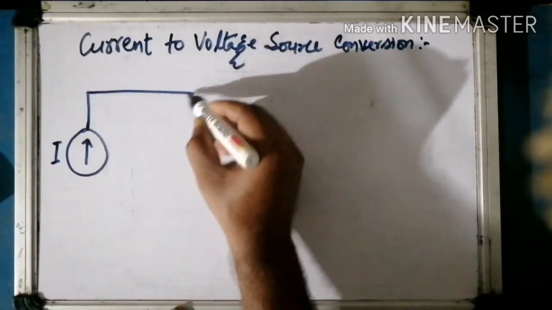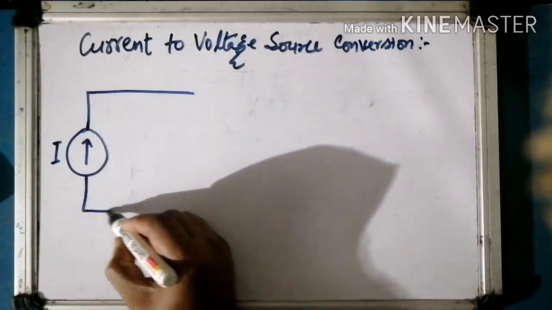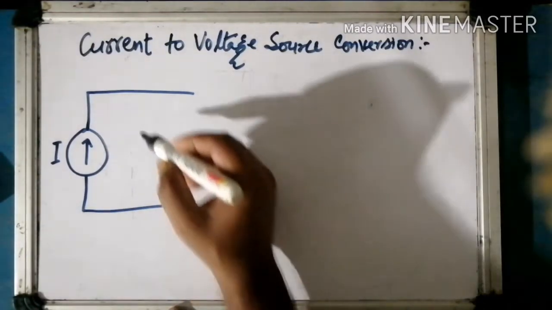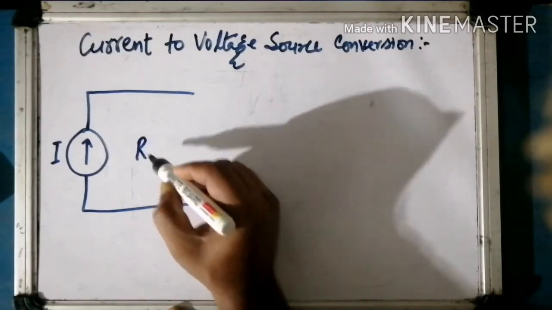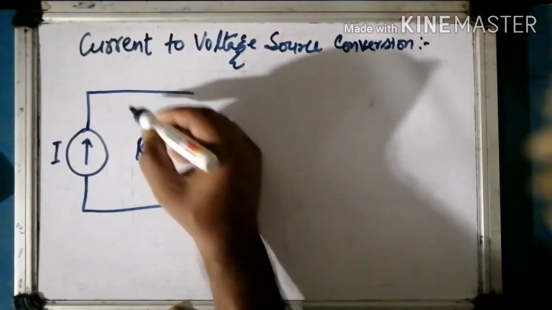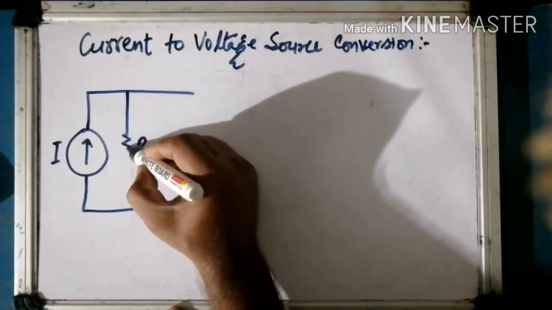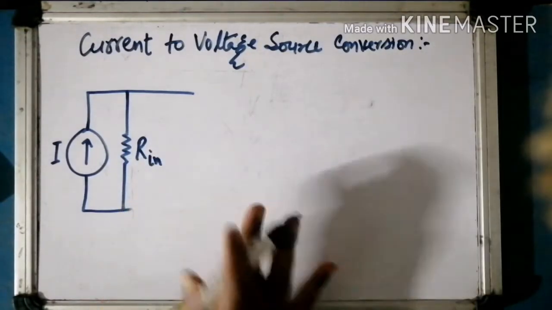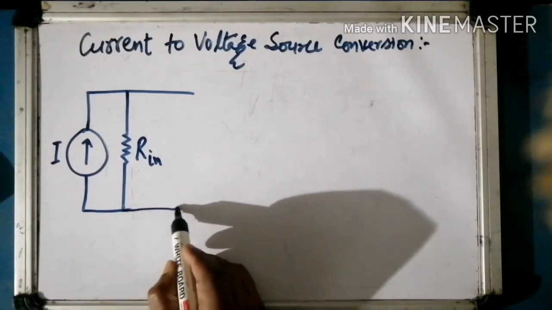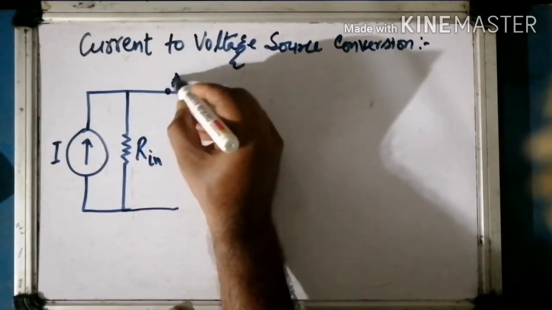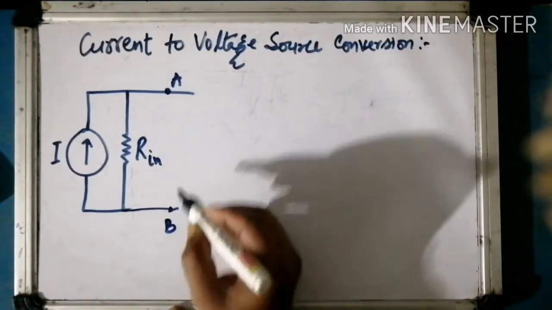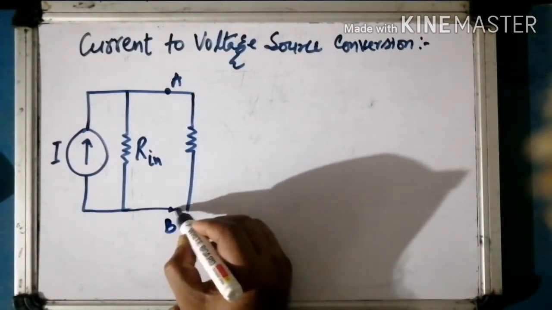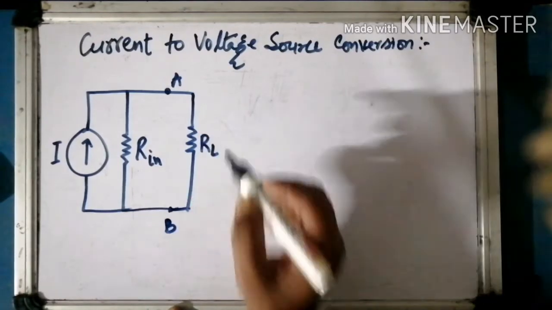Current source, it means that it has certain internal resistance. That resistance is Rin, internal resistance, and it is connected in parallel with the current source, right? Okay, these are the points A and B. Here this one is the load resistor RL.